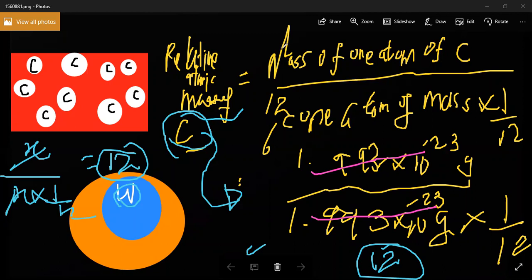None of my teachers explained like this. That's why I confused the mass of one atom, mass number, and relative atomic mass. Everything collapsed. Remember, this is 12 for carbon.